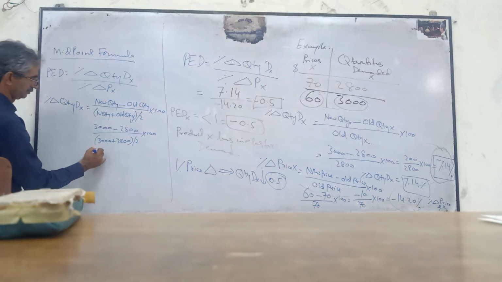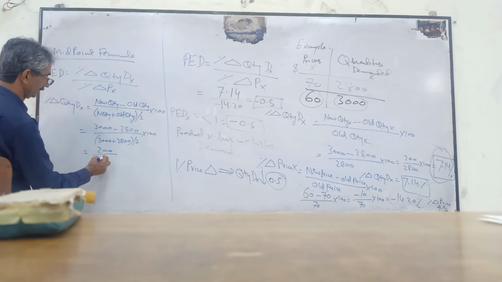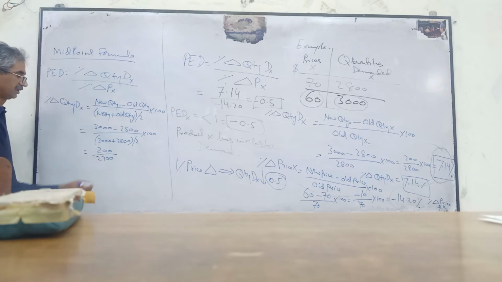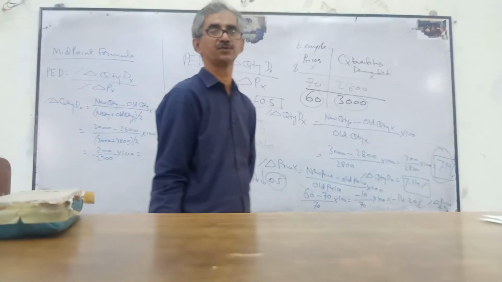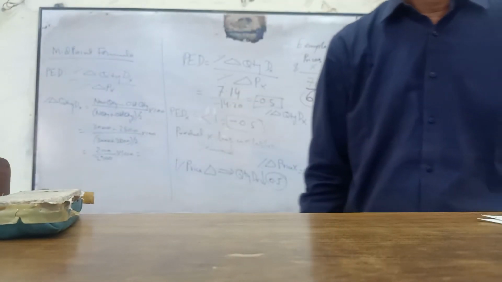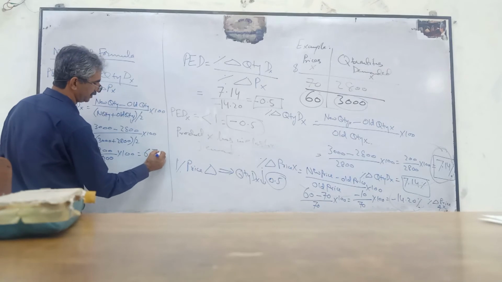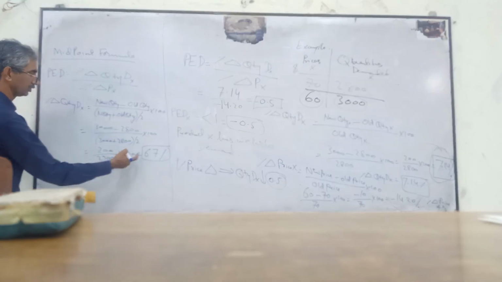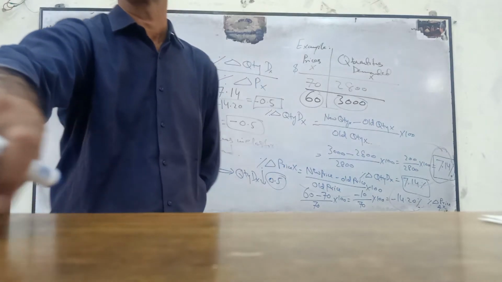It gives us 200 divided by 2900 into 100, and when we calculate this, we get 6.7 percent. This is the percentage change in the quantity demanded.